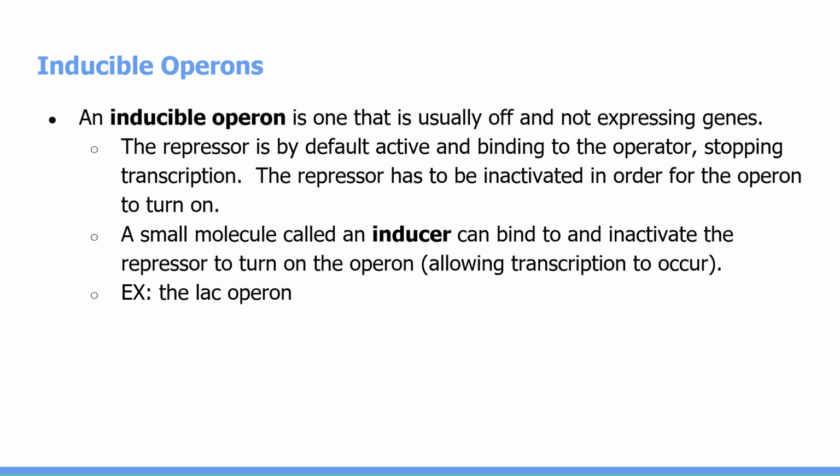So now let's take a look at the inducible operon. First, we're going to read that definition and then think about the English. So an inducible operon is one that's usually off and not expressing genes. So let's think about this word inducible. It describes the repressor, right?